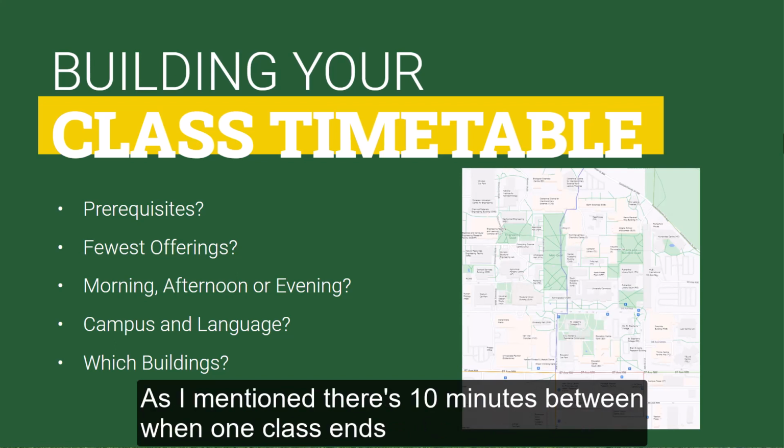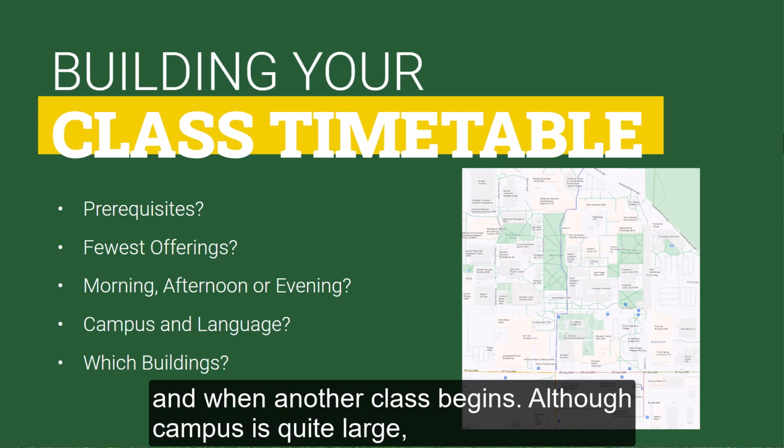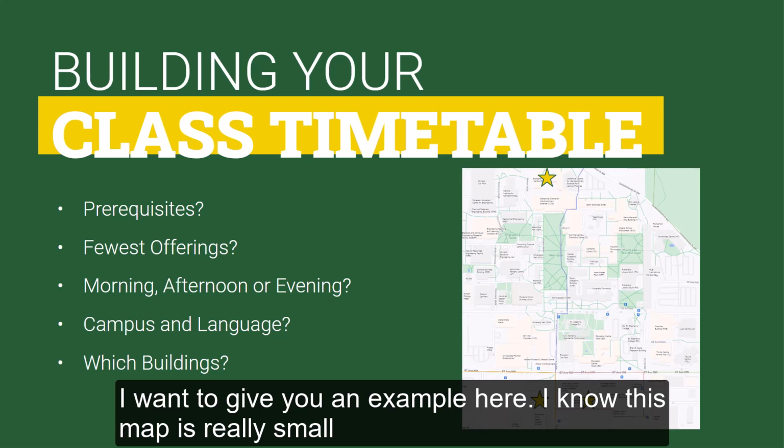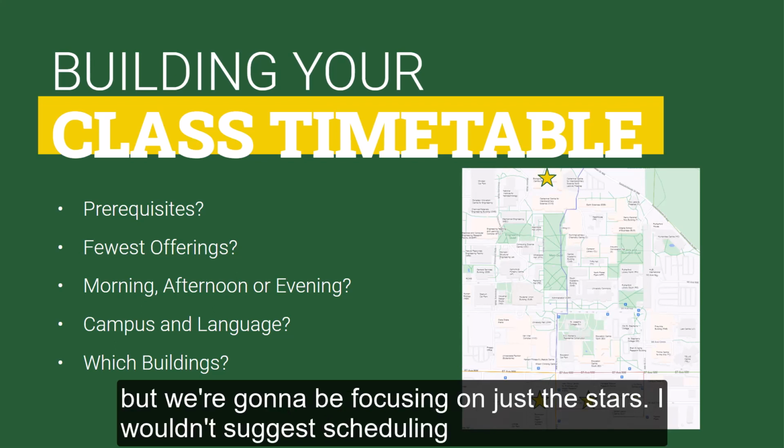Which buildings are your classes in? As I mentioned, there's 10 minutes between when one class ends and when another class begins. Although campus is quite large, you will have time to get between your classes. I want to give you an example here. I know this map is really small, but we're going to be focusing on just the stars.